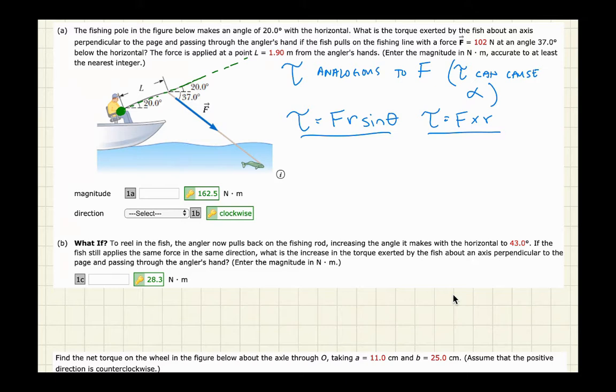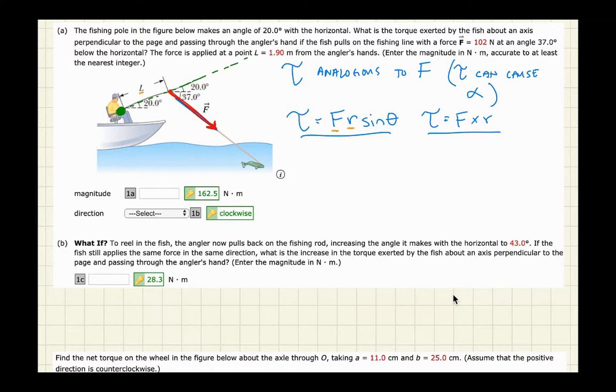And then there's a fish that is exerting a non-zero force on the fishing pole. So what we're looking for here is the magnitude of that force, which is given in the problem.